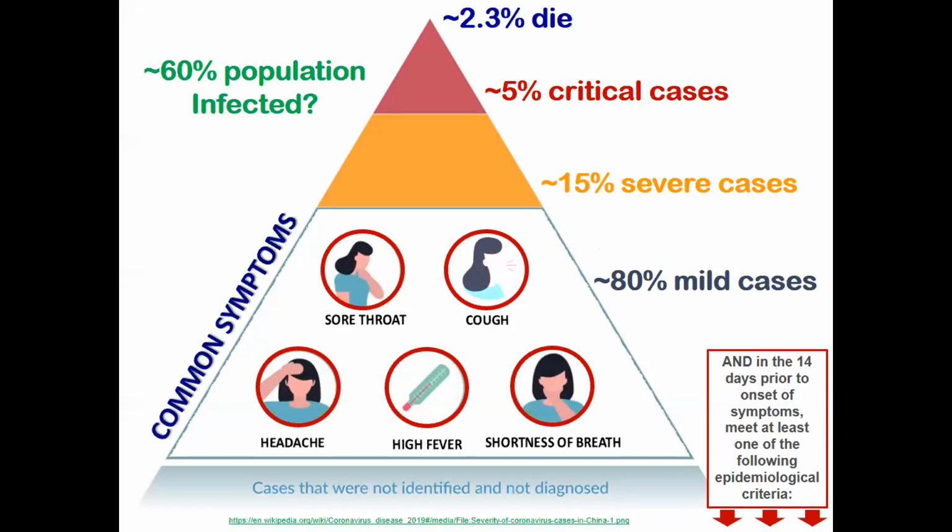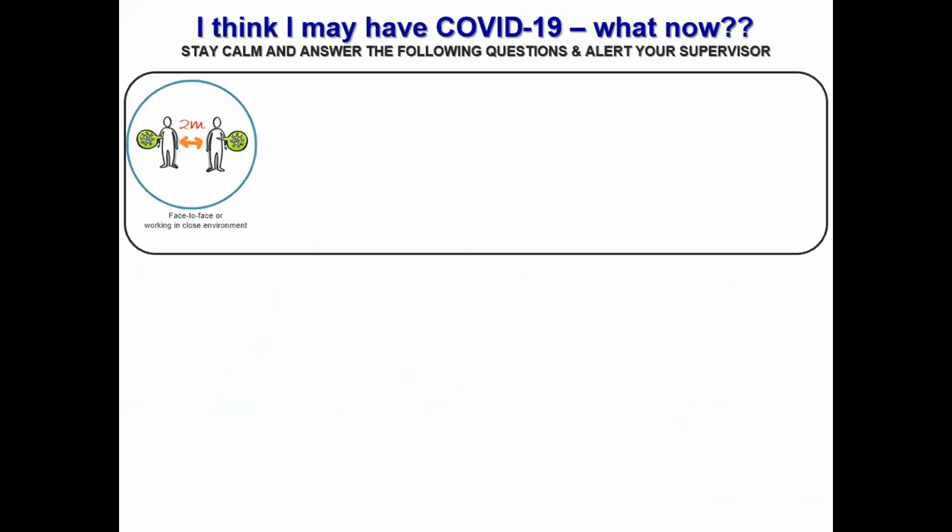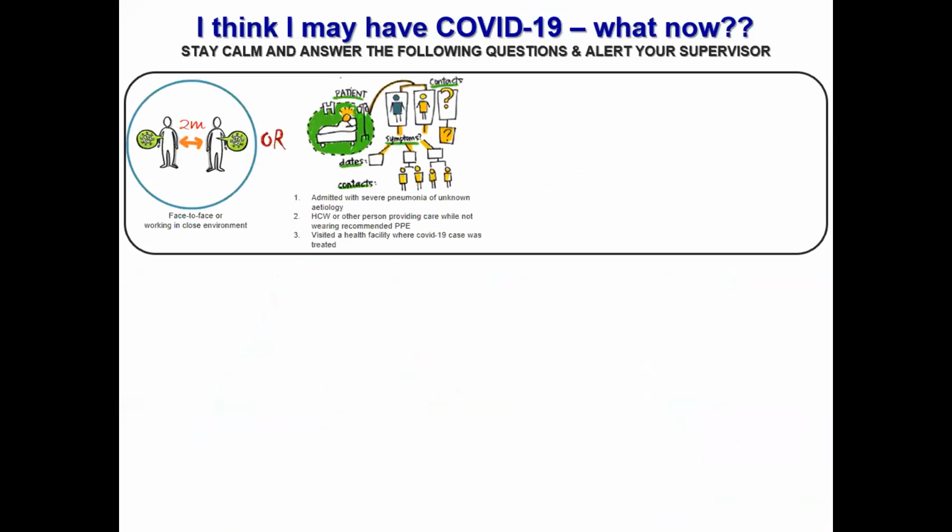And once you have those symptoms, you need to also look at whether, within the prior 14 days from the onset of symptoms, you were in face-to-face contact, or working in a closed environment, with an individual that was positive for COVID, whether you were admitted with a severe pneumonia of unknown etiology, whether you were a healthcare worker or other person providing care while not wearing the recommended PPE, or if you have visited a health facility where a COVID-19 case was being treated.